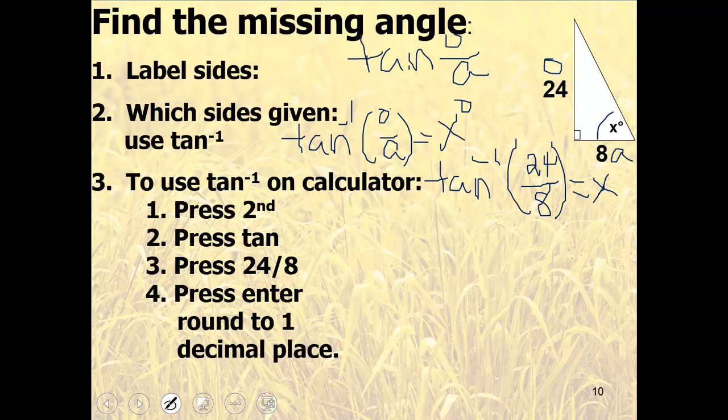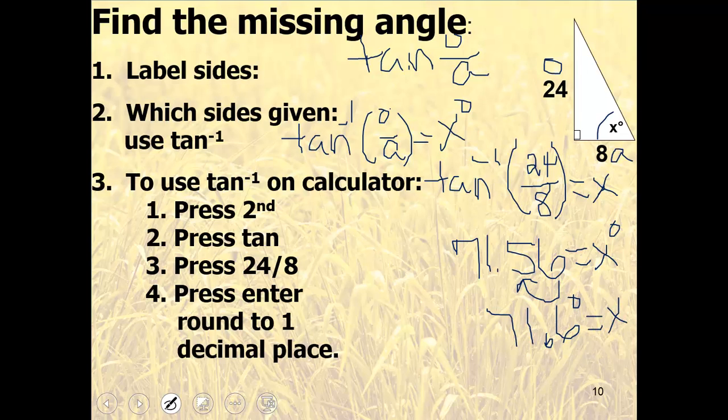And I get 71.56. I'm asked to round to one decimal place. This is above 5, so I'm going to round that up to 6. 71.6 is equal to my degree measure.